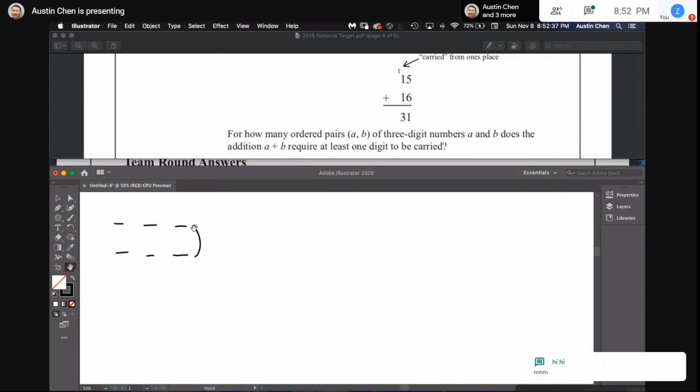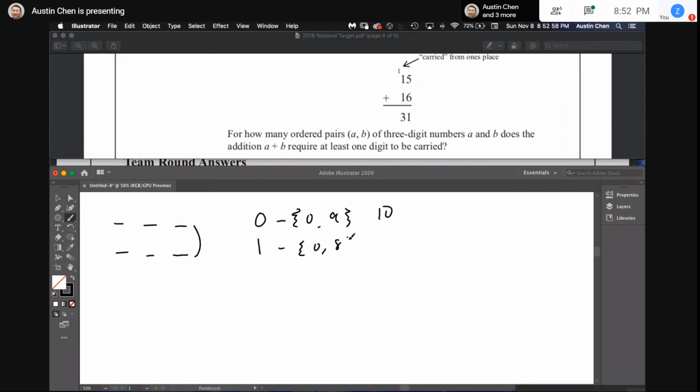So what kind of pairs do we get? If this digit is 0, then the next digit can be in the set 0 through 9, right? So this is 10 numbers. And if this is 1, then this digit can be in the set 0 to 8, so this is 9 numbers.